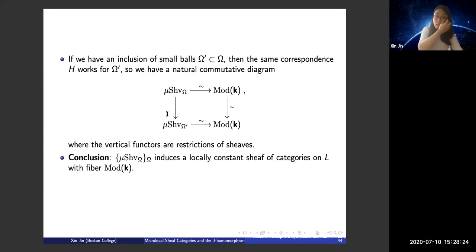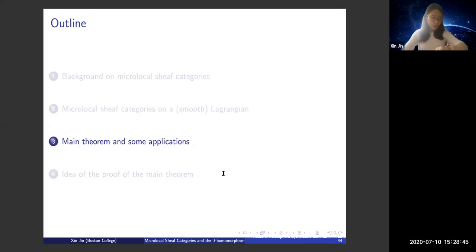So in conclusion, this assignment of categories gives a locally constant sheaf of categories on L with fiber equivalent to mod K. We'll denote it by mu sheaf sub L. Okay, so now we are going to state the main theorem and see some applications.